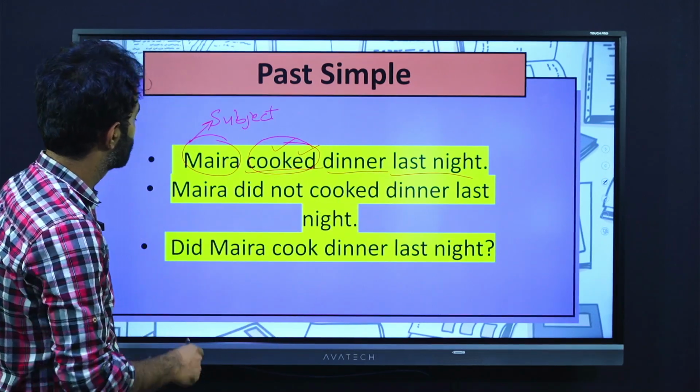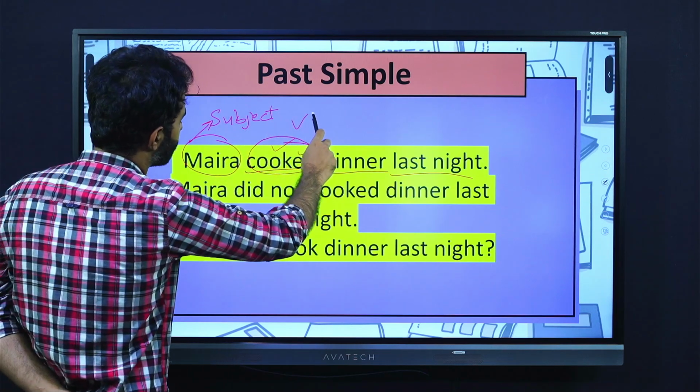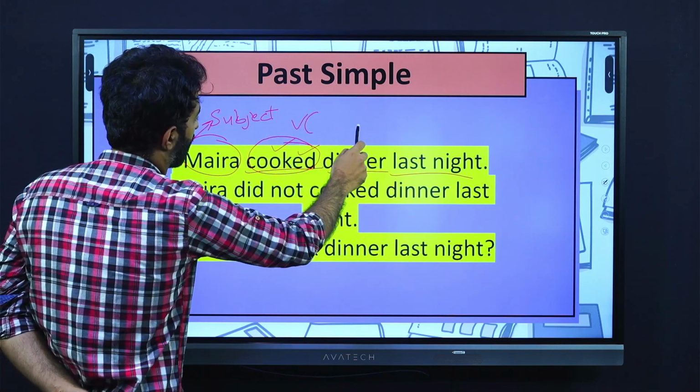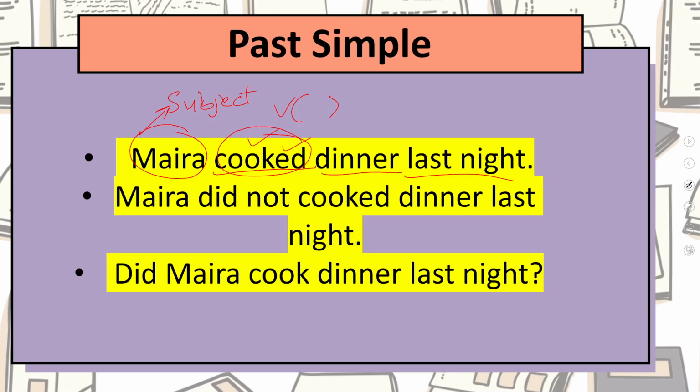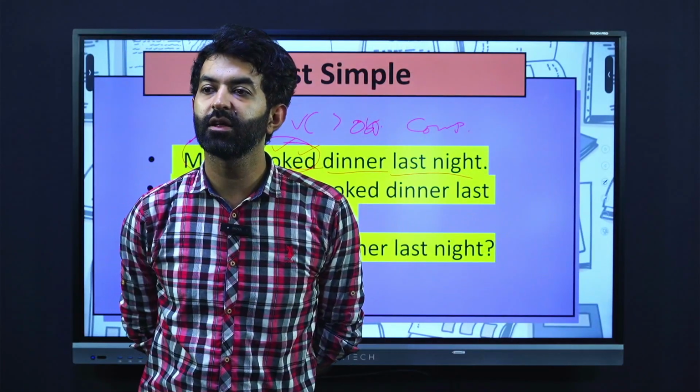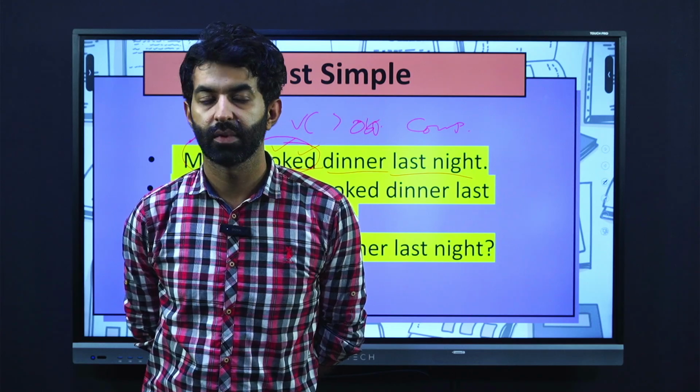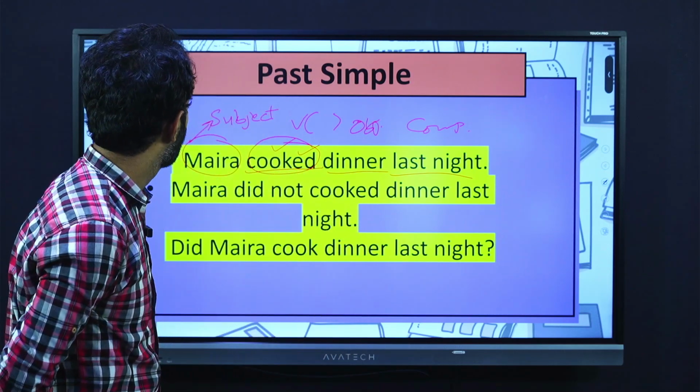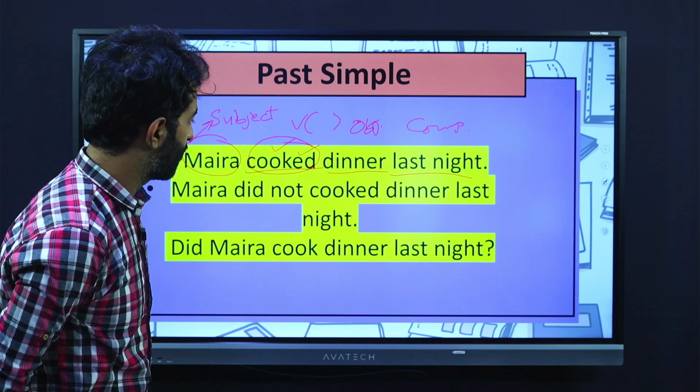Last night. So subject, verb और क्या है? Object and then your complement. What kind of sentence is this? Affirmative है, negative है या interrogative है? Affirmative, right.